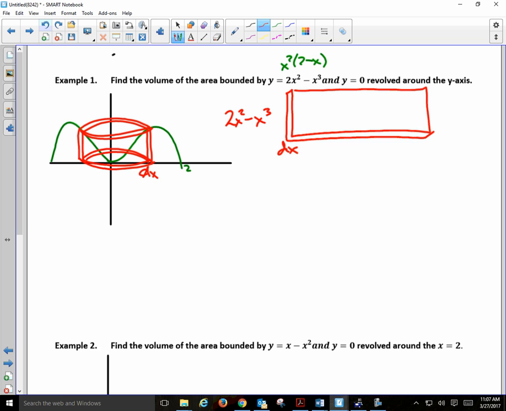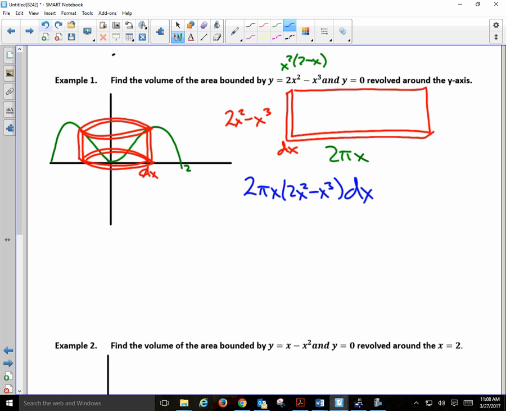And then the overall length, 2 pi x. So the volume of one of these shapes is going to be 2 pi x times 2x squared minus x cubed dx. That's one of them.